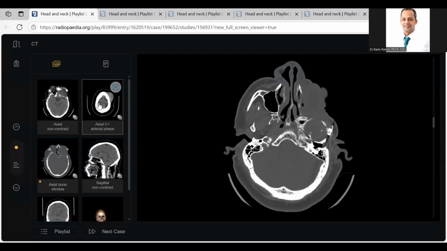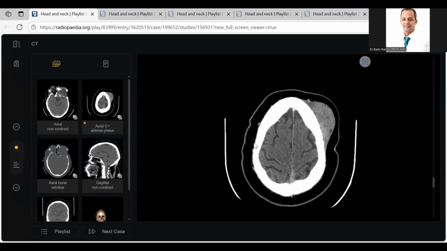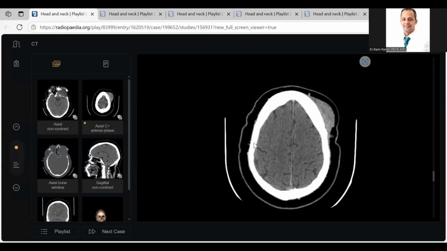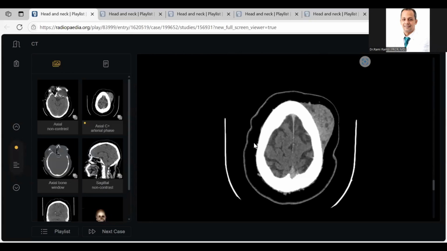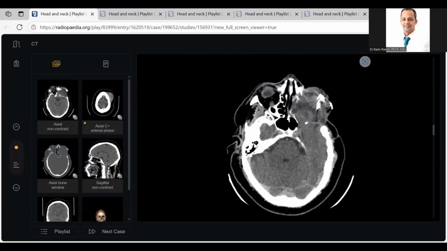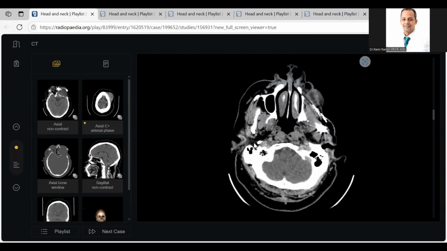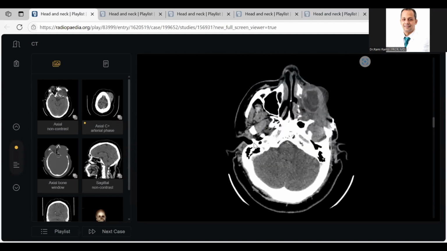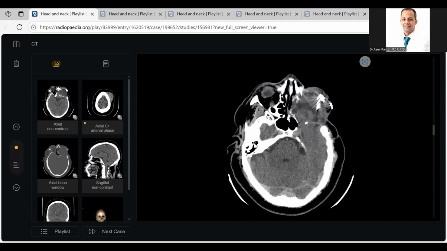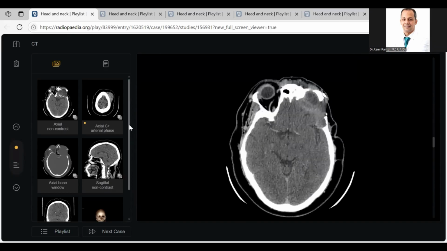This appears to be a case after exenteration of the orbit with removal of some bony fragments, and after that the patient complains of a swelling in the scalp, lateral scalp, and also in the orbital region, which is predominantly cystic with a fluid level.